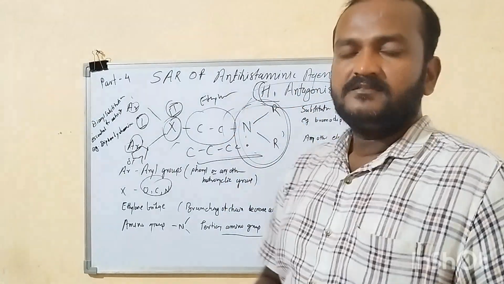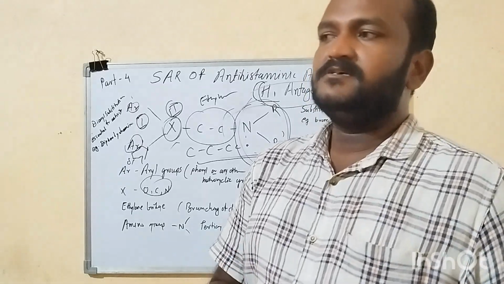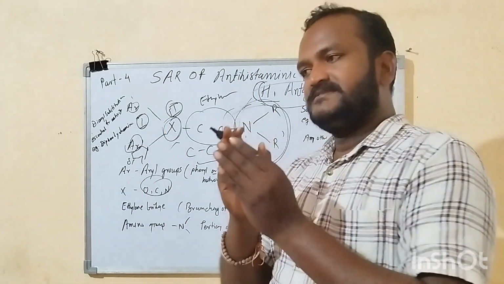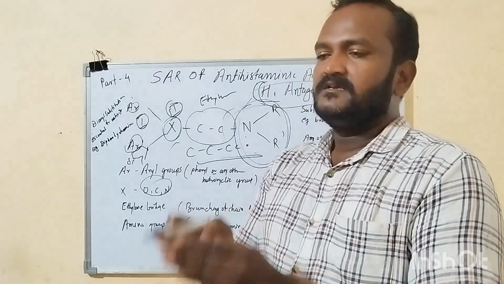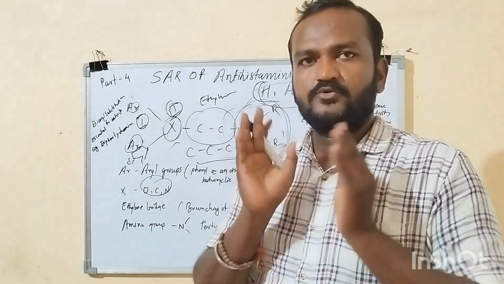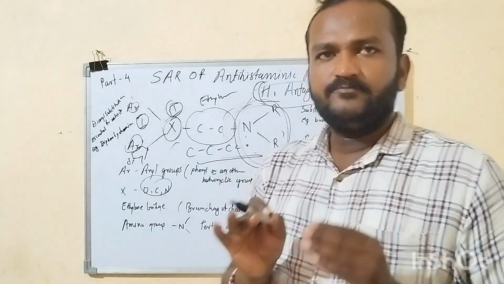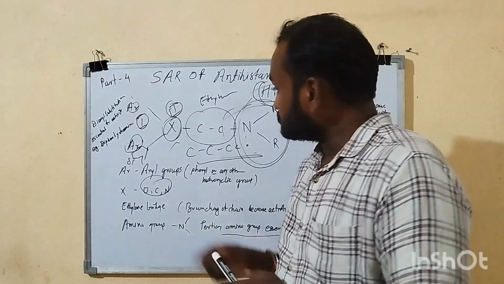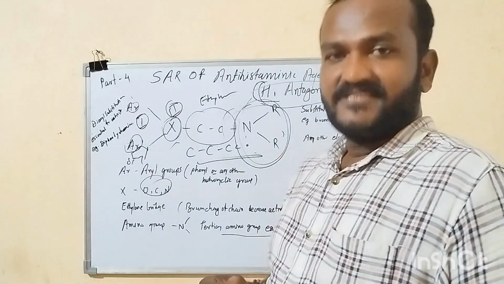It is a simple way: just understand the 4 different subparts. The first is the aryl group, the second is the different types of elements, the third is the ethylene bridge, and the last is the amino group. These are the important points. Just keep them in mind and study well.